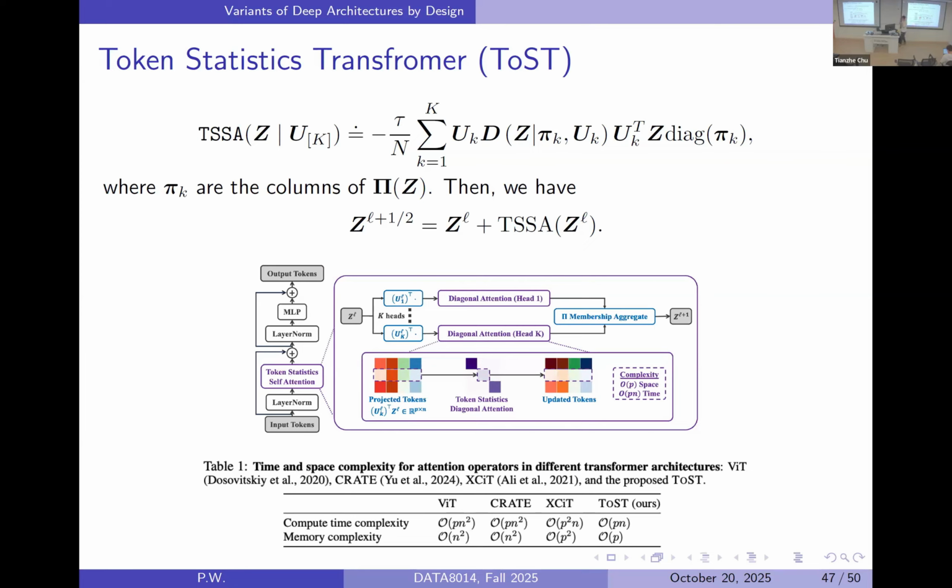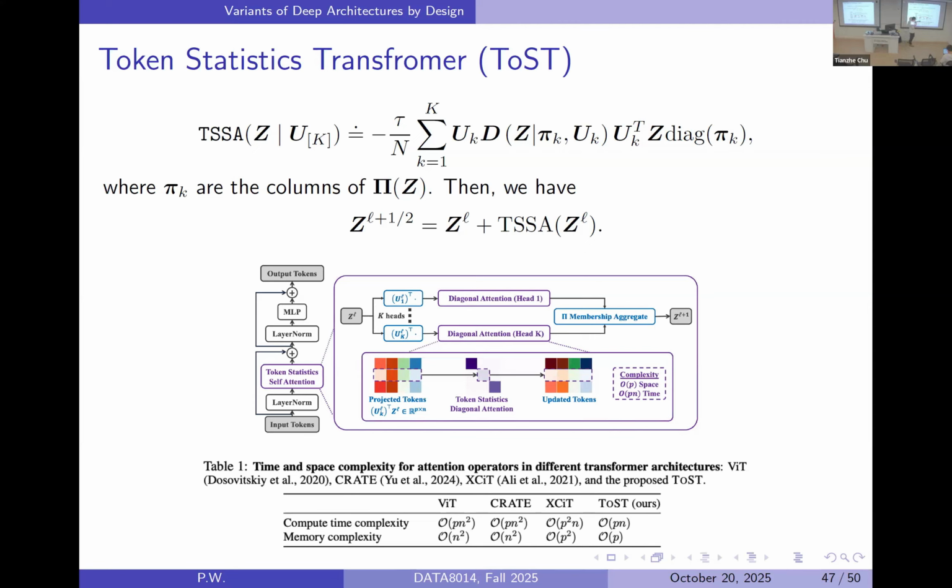The projection is to implicitly find the membership. Then we do the diagonal attention. Compared to standard attention, diagonal attention can save a lot of memory and is much more efficient. Then do a pi membership aggregation and get the output.